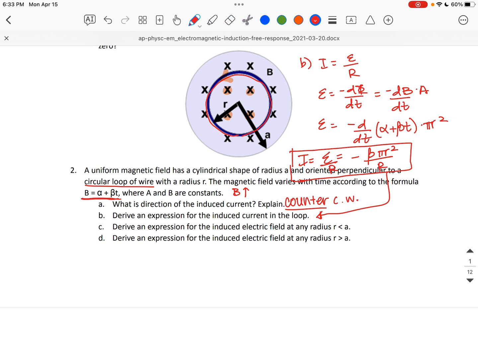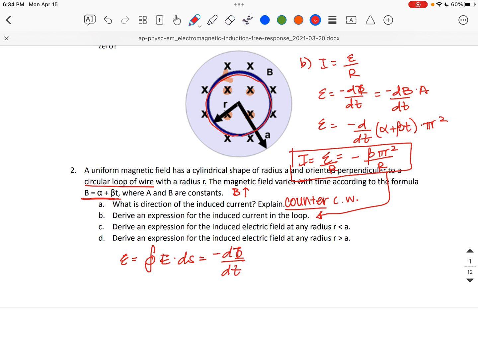For part C, it says derive an expression for the induced electric field at any radius less than a. So if my r is within the magnetic field area, then I'm going to use Faraday's equation, which states that EMF is equal to the enclosed integral of the electric field dot ds, and that is then also equal to negative d flux over dt.